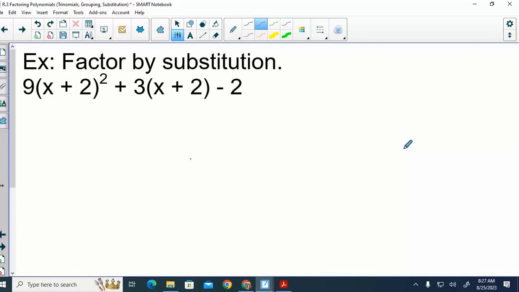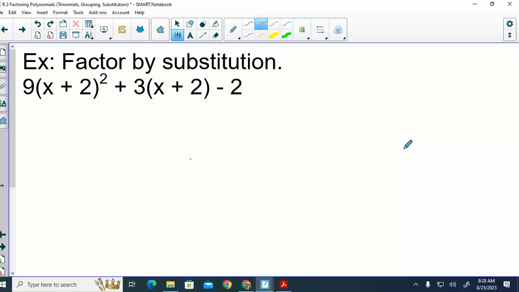What do you think you would do? Yeah, most of you would probably multiply it all out, combine like terms, and then factor. And that will work. Okay, so there is absolutely nothing wrong with that. I'm just taking the chance right now to show you something that we'll use later on.